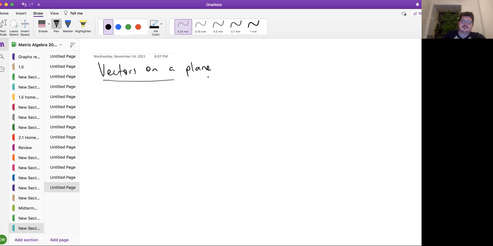All right. Let's think about how vectors work on a plane. The big thing I want to say is these are not coordinates. One assumption you might want to make is that vectors that we've been talking about are things like x, y.